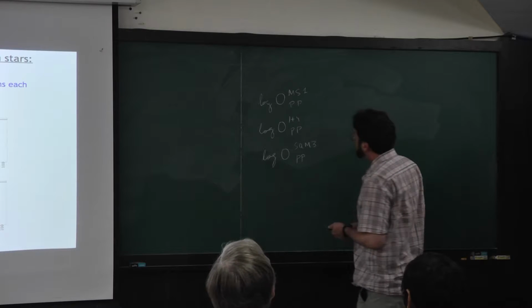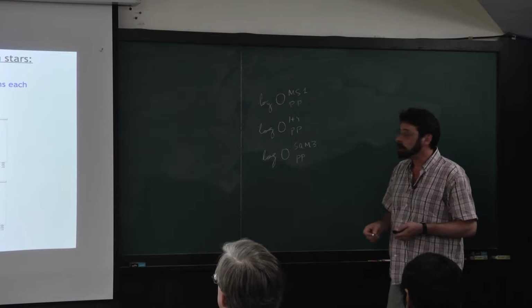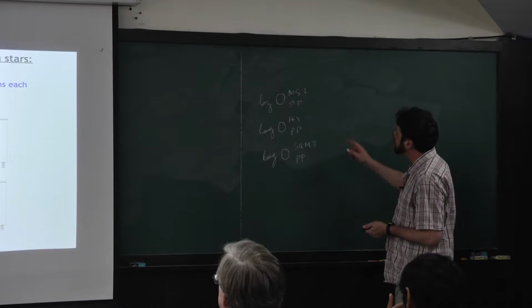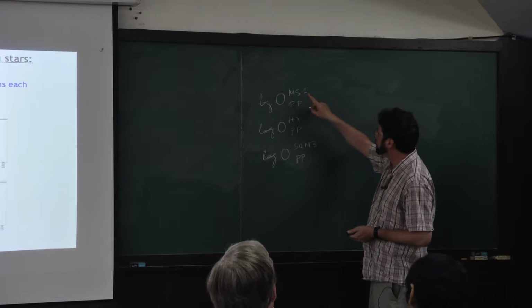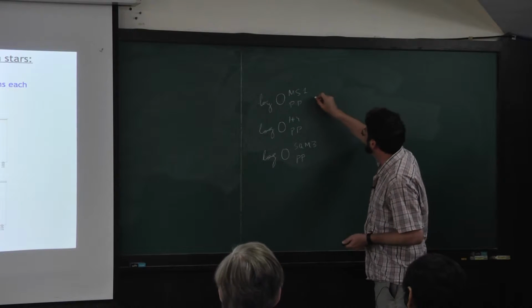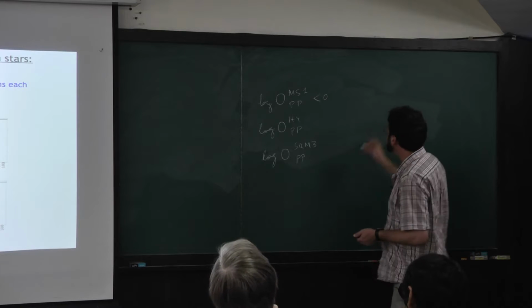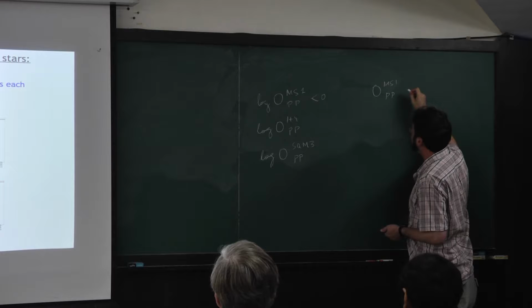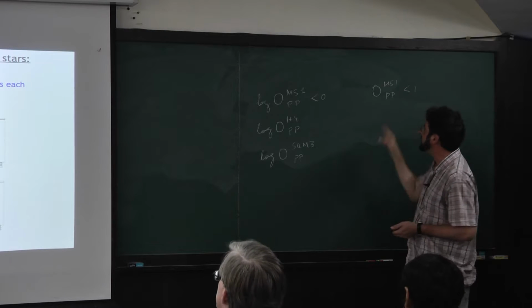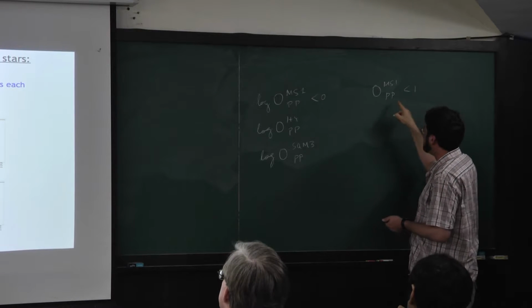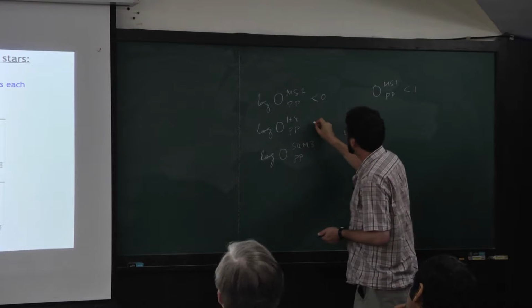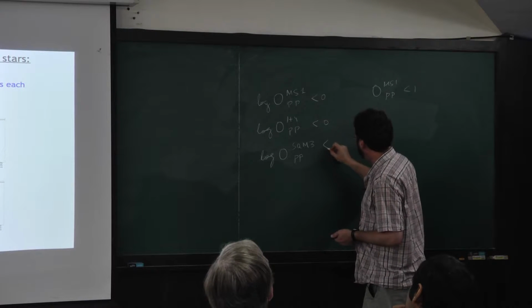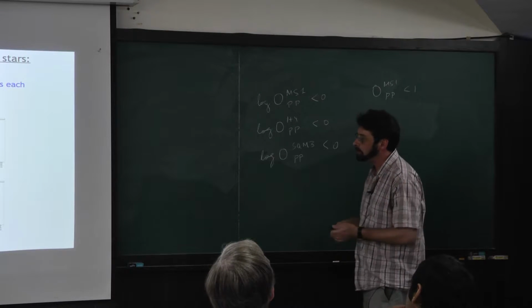So in an ideal world, it would always be the case that the log odds ratio for MS1 versus point particle is smaller than 0, because the odds ratio itself for MS1 versus point particle is smaller than 1, right? Because MS1 is not correct. PP instead is correct. And similarly for H4 versus PP, and for SQM3 versus PP.